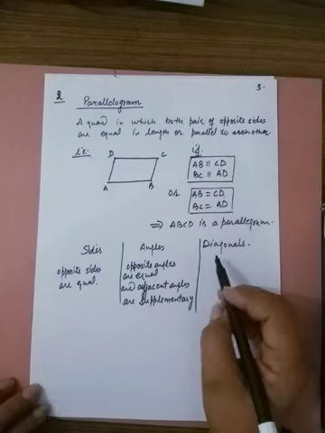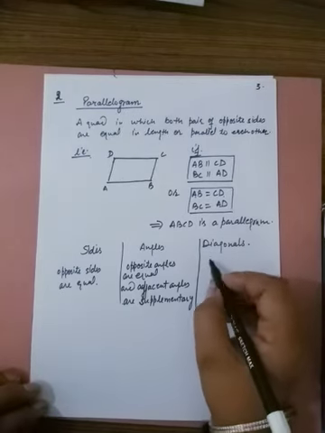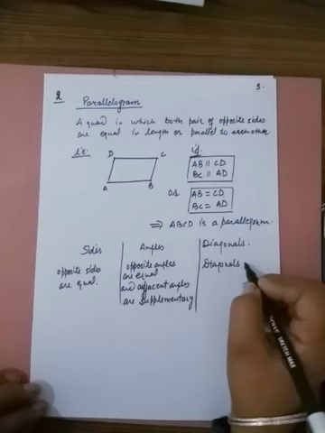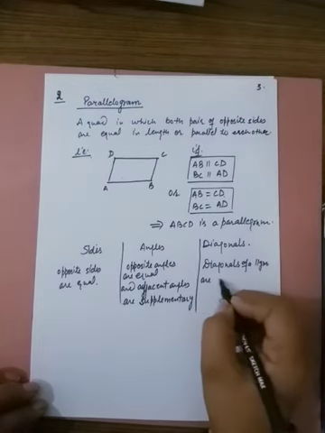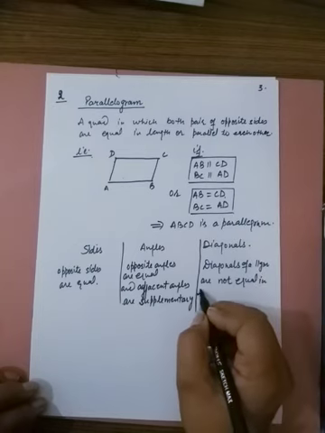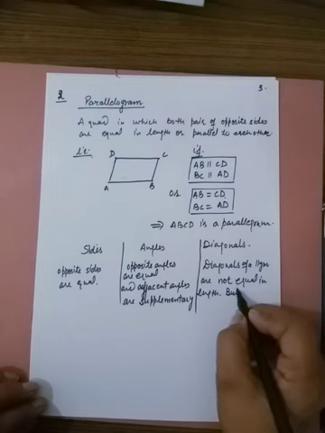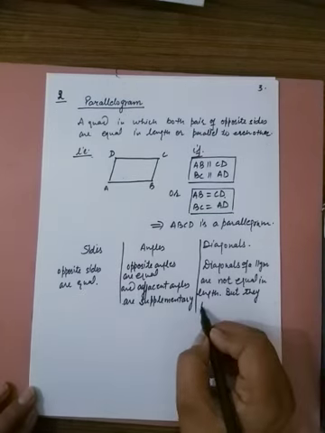And what can we say about the diagonals of a parallelogram? We can say that the diagonals of a parallelogram are not equal in length, but they bisect each other.